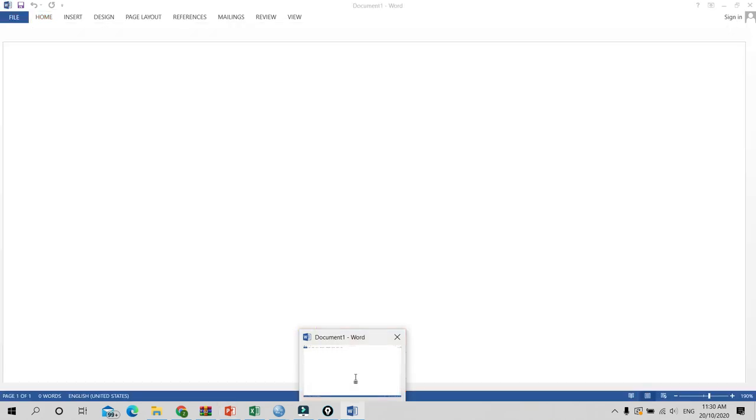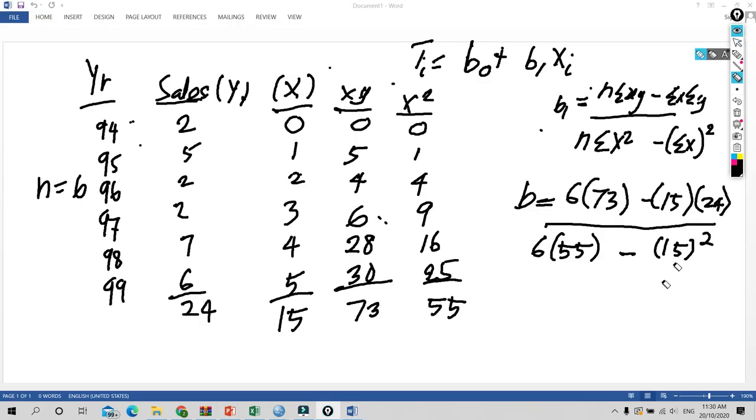If you solve this one, b1 is 0.743. So b sub 1 is equal to 0.743. This is the value for b sub 1.